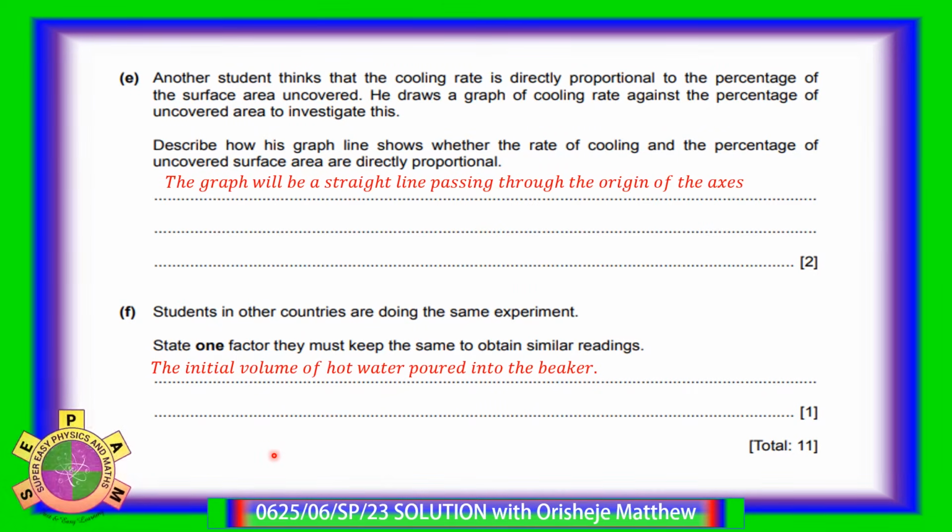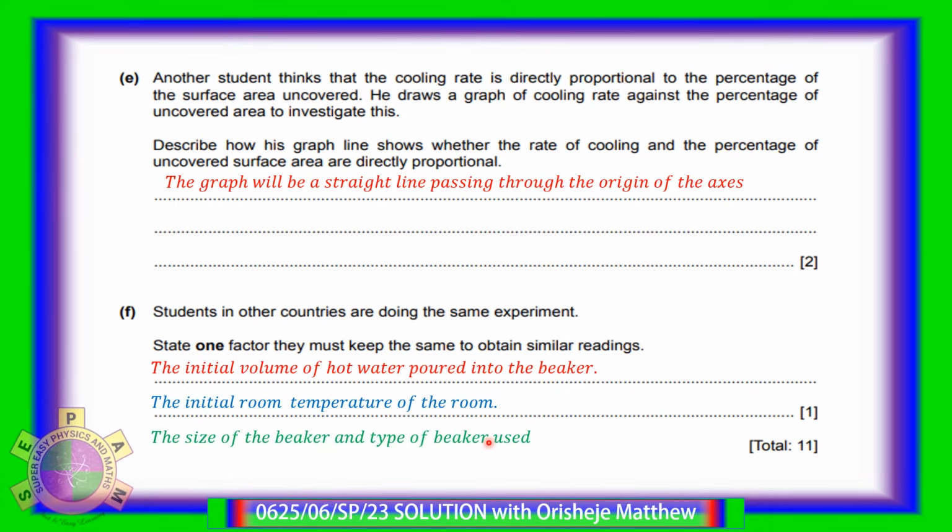They can use the same type of beaker. They start with the same initial temperature. So those are some of the ways. The initial room temperature must be the same. The size of the beaker and the type of the beaker used must be the same.